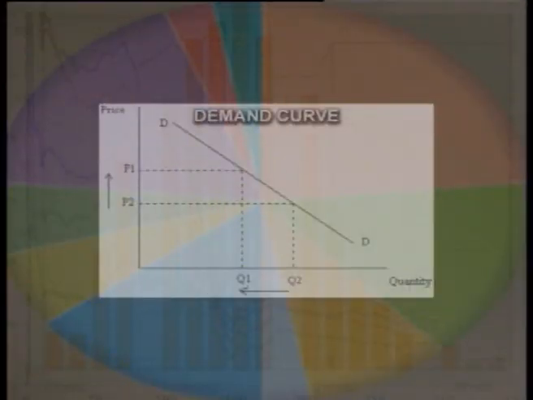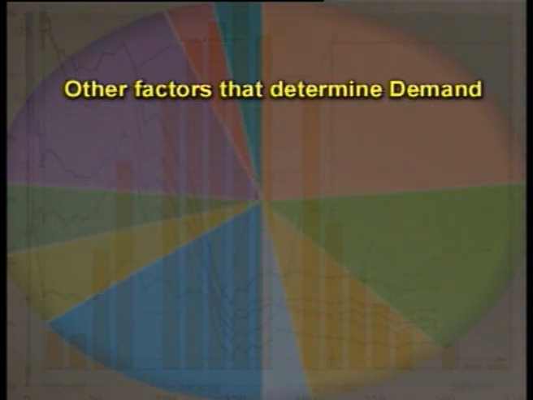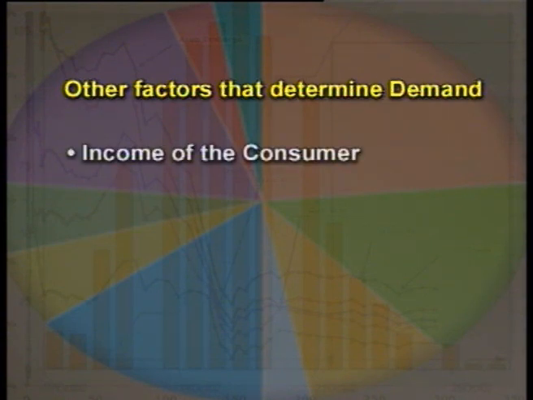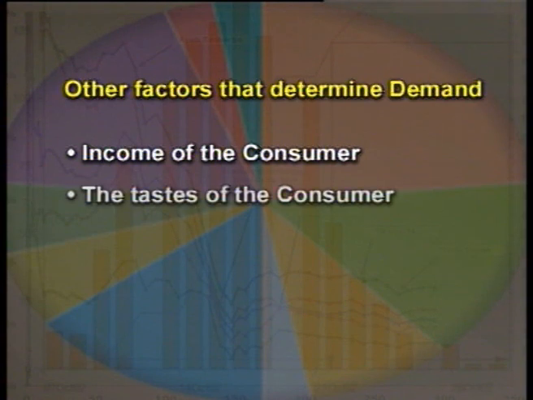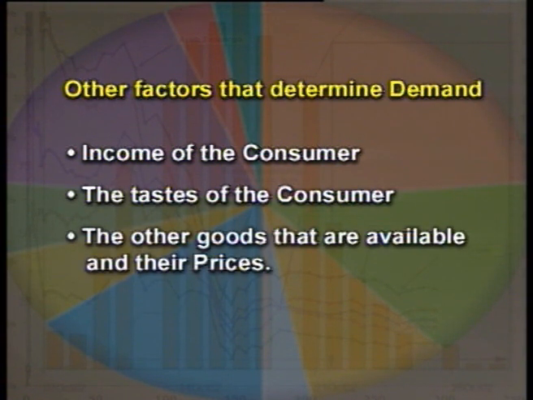Whenever the price rises, consumers tend to purchase less, and whenever the price falls, consumers tend to purchase more. Of course, there are many other factors that determine demand. For example, the income of the consumer, the tastes of the consumer, the other goods that are available and their prices.